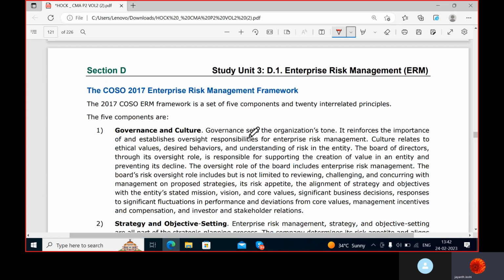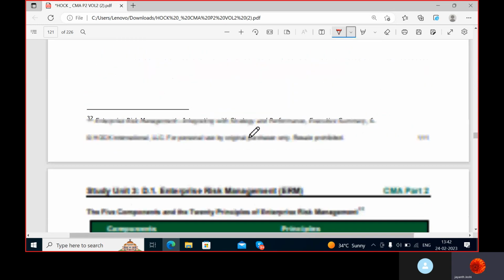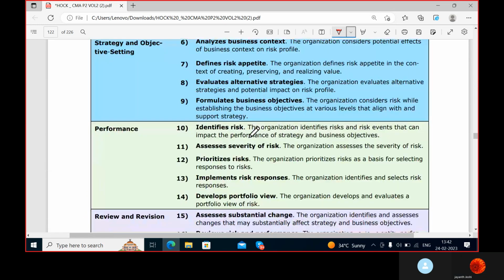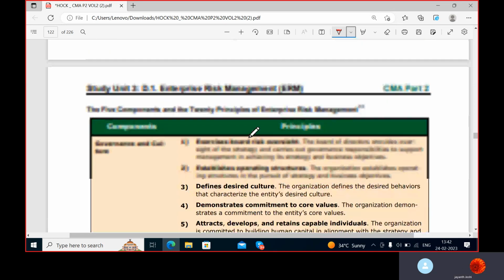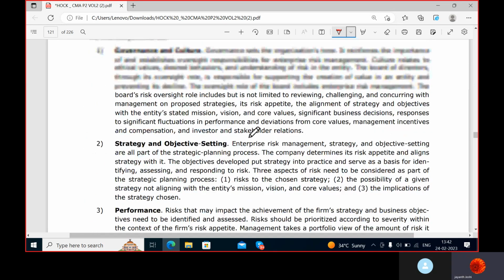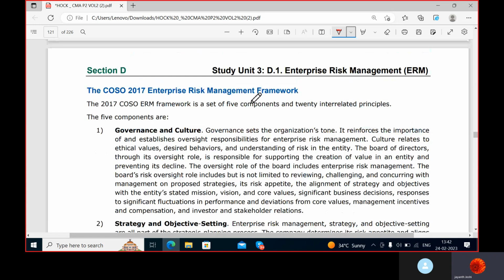Now, the COSO 2017 Enterprise Risk Management Framework. What does that mean? COSO has given a framework regarding how risk management should happen in an organization, in an enterprise.